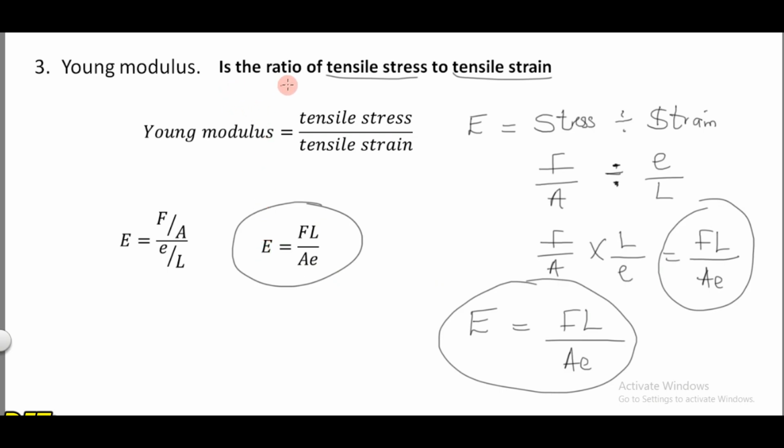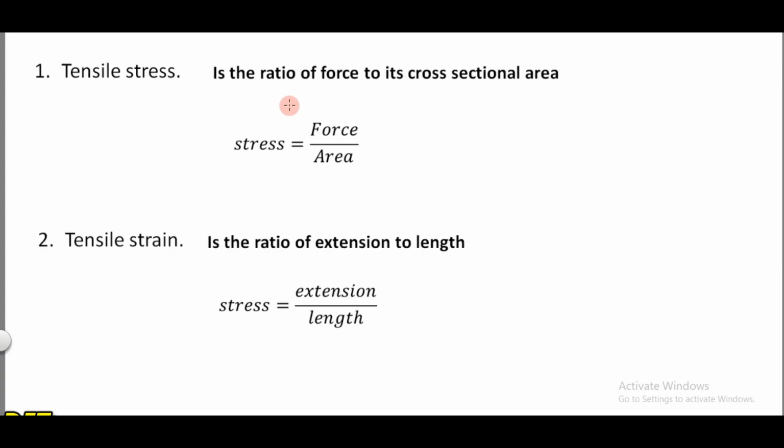Again, Young modulus is the ratio of the tensile stress to the tensile strain of an elastic material. And like I said, these three physical quantities are used to determine how strong an elastic material is. So it's just a quick recap.